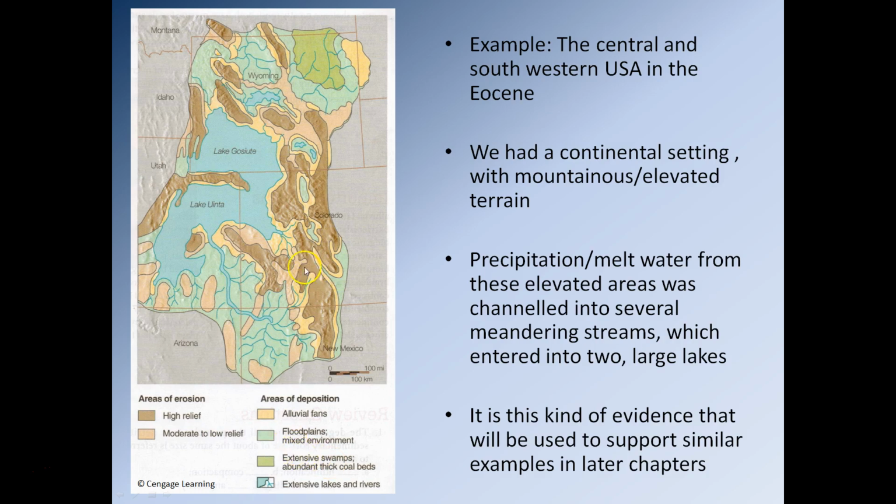In terms of the rocks we see, well, we see these brown areas and these light brownish areas. They represent areas of high relief and moderate relief. So those are the source areas for sediments. That's where the sediment is coming from. So we have high ground all around here, and that's supplying sediments that are clearly being distributed across these green areas that represent floodplains.